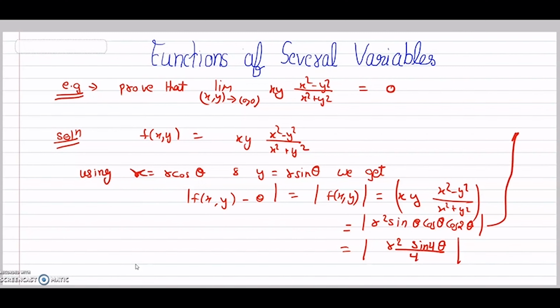और इसको हम कैसे लिख लेंगे? sin theta cos theta equals sin 2 theta by 2. ठीक है. And then sin 2 theta cos 2 theta equals sin 4 theta by 2. तो इसलिए क्या आ गया? sin 4 theta by 4.